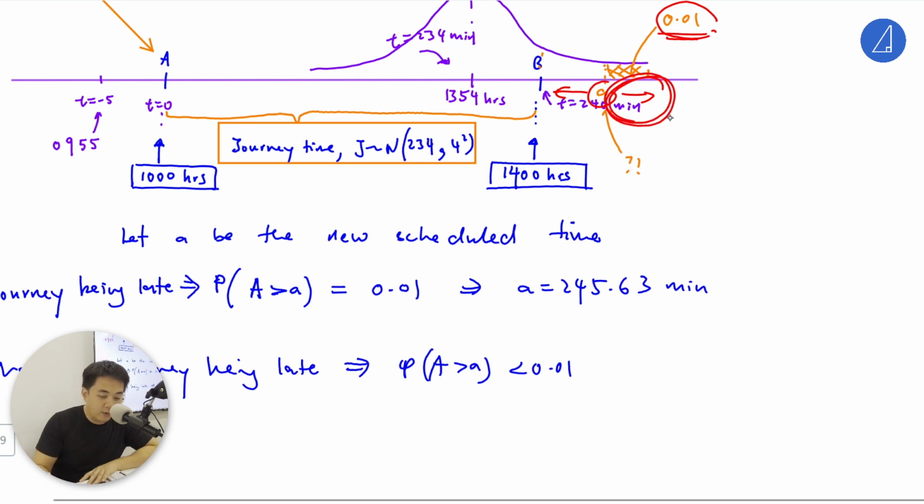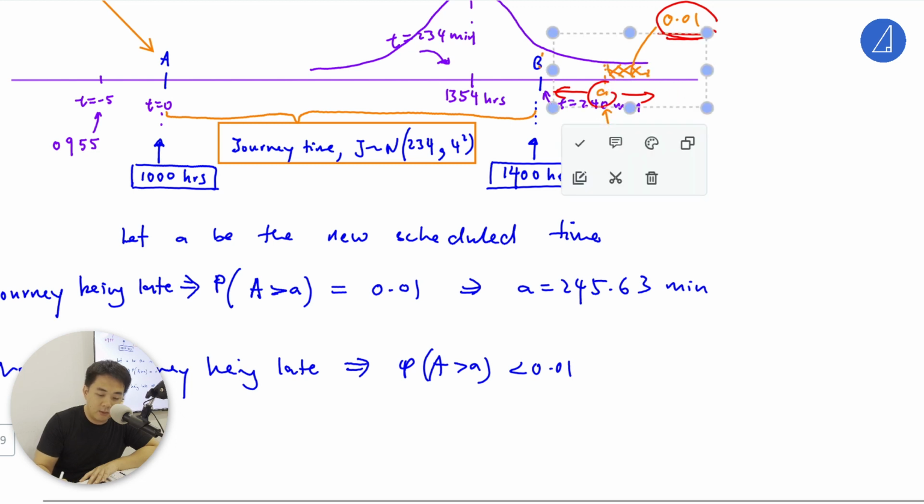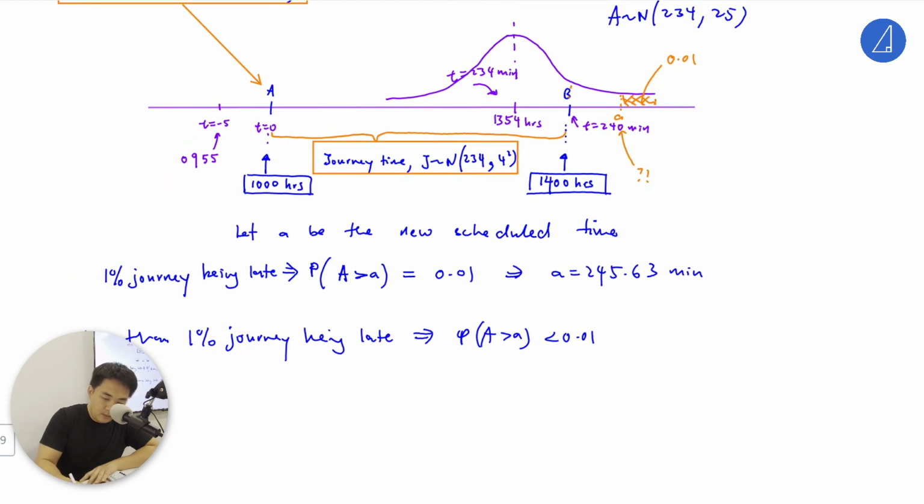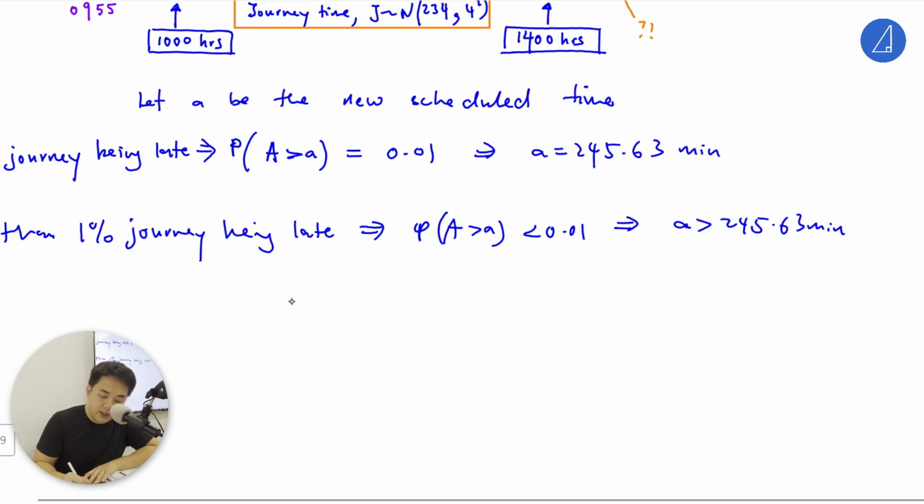Move to the right side, because if A moves to the right side, it will be lesser than that. So essentially what they're saying is you want A to be more than 245.6 minutes. Hence the least A is 246, to the nearest minute.